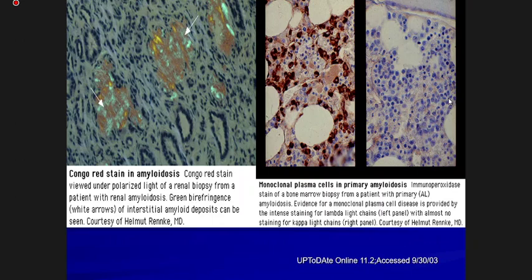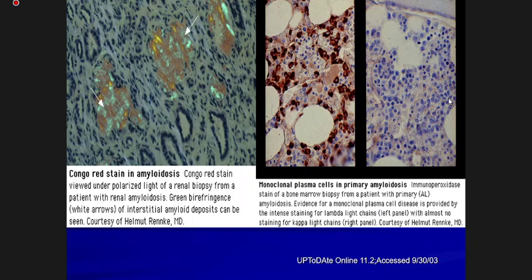The second one is how in multiple myeloma you can give the stain. You can also do what we call immunohistochemistry. So you give a stain that can attach to either kappa or lambda.